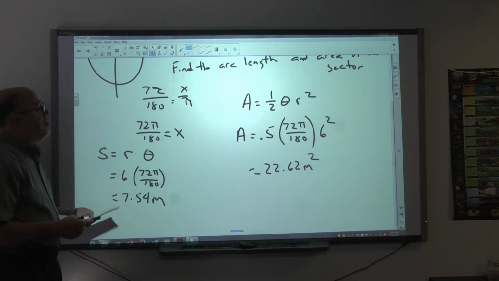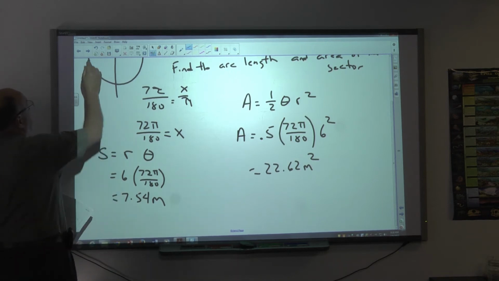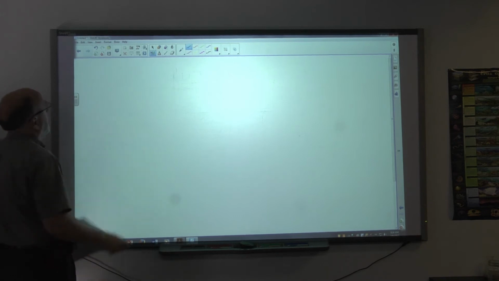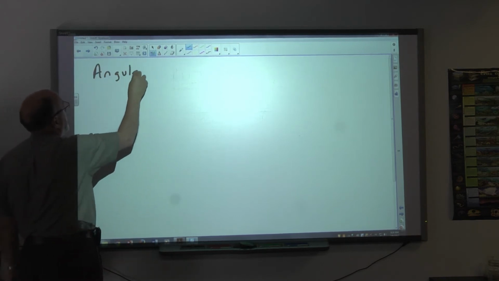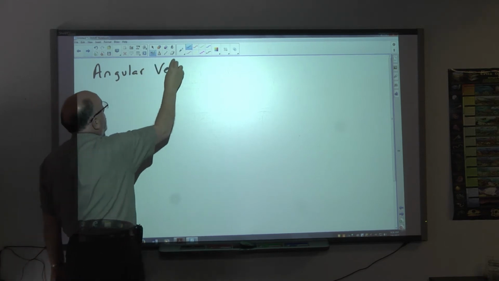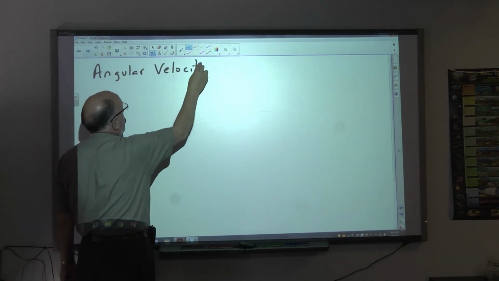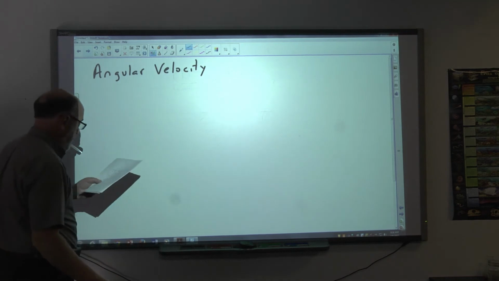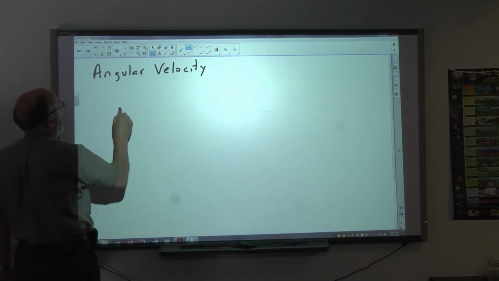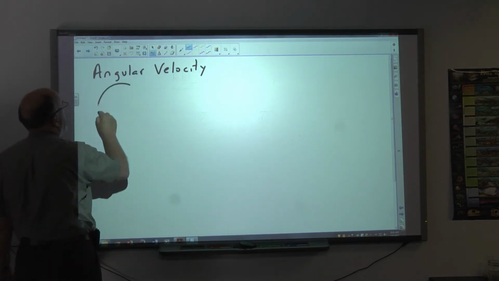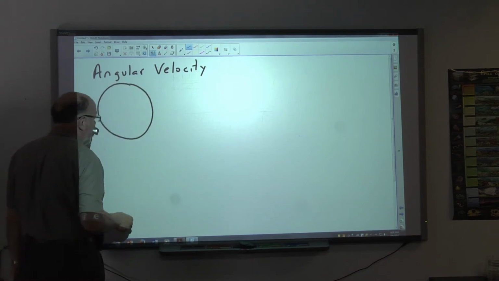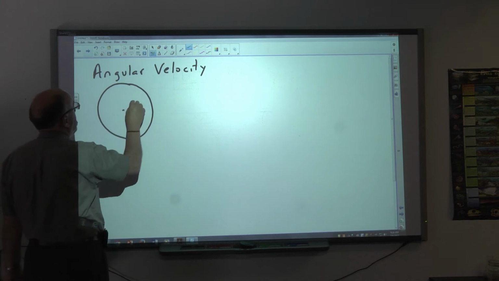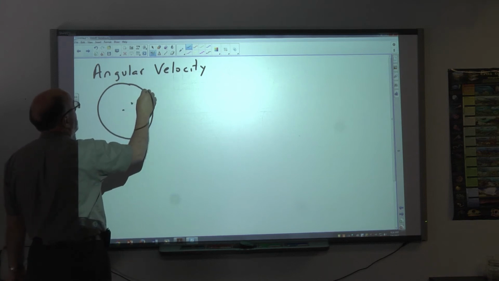Other things dealing with circles, we have in terms of angular velocity. And so if you had a circular plate, and I said it had 3 points on that plate, so let's say here, here, and here.